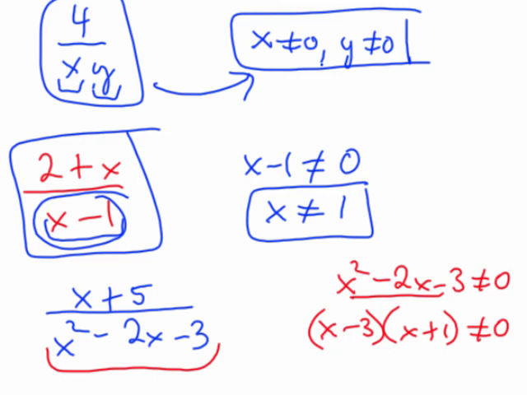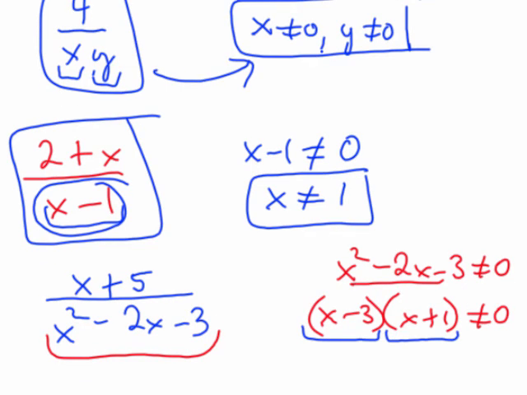Let's think about the values that would make it 0, because those are the ones we don't want. We have two factors that could equal 0. If x was 3, that would cause this bracket to be 0, and that would mean that 0 times the other bracket would be 0. So we don't want x to be 3, and we don't want x to be negative 1.